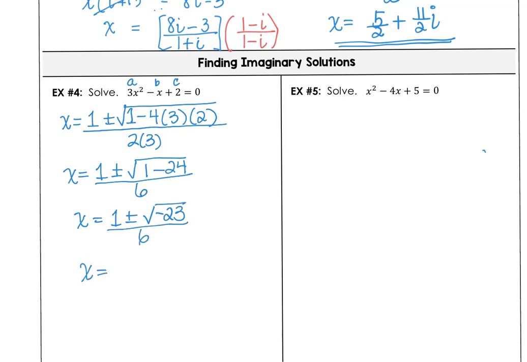So we can take out the square root of negative 1 by definition, that's i, square root of 23 over 6.